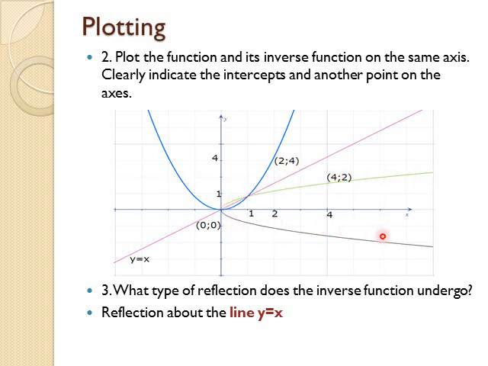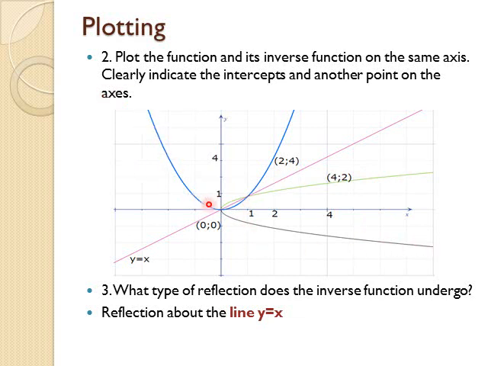They have to plot the function and the inverse function. Now remember the definition of a function: if I do a vertical line test, it must only cut once. If I do a vertical line test on this graph, it cuts more than once, there and there. So this inverse is not a function.